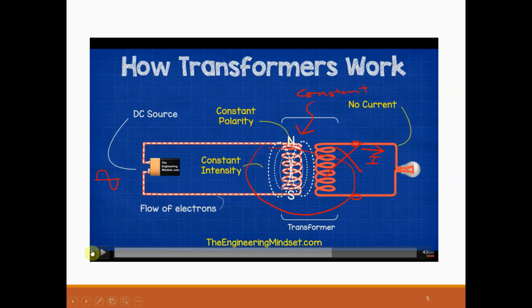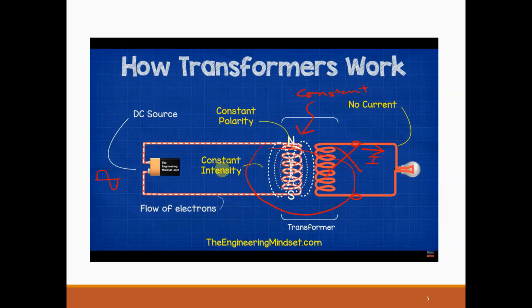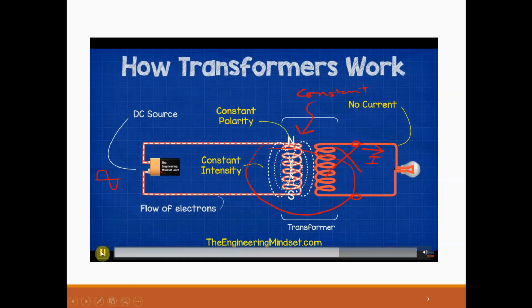Okay? But we can also do something in this part of the circuit in order to have a varying magnetic flux here, right? What are we going to do on the battery source so that we can have a varying source here? So let's continue.